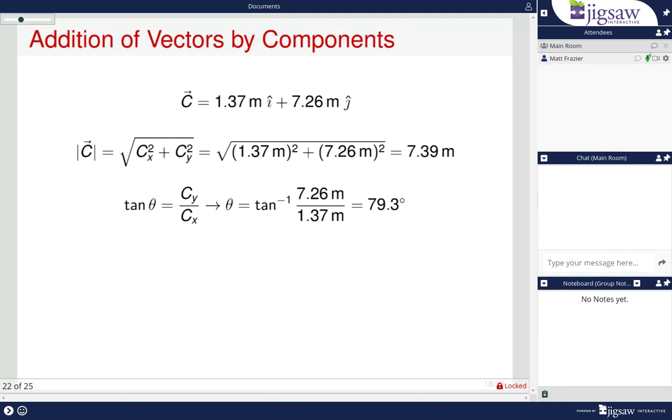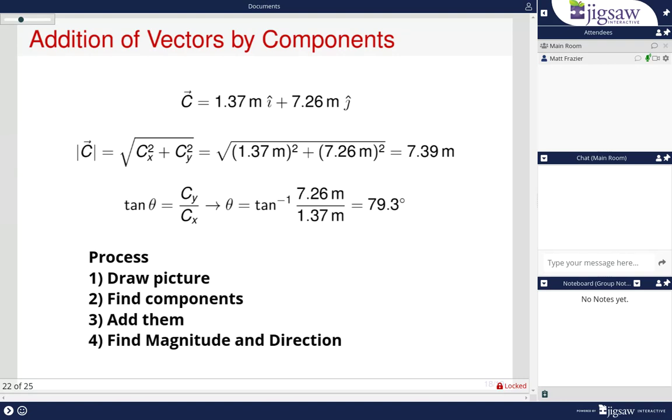And then the second thing we do, and this is where I'm going to stretch this out, the second thing we do is find components. And then the third thing we do is add them. And then the fourth thing we do is find magnitude and direction.